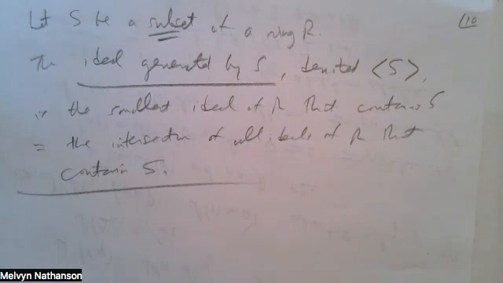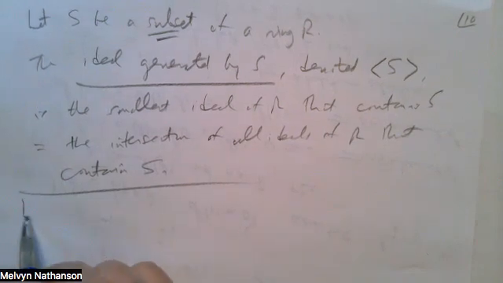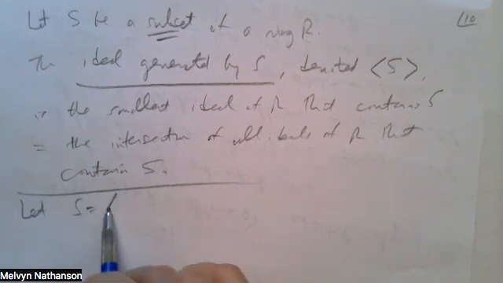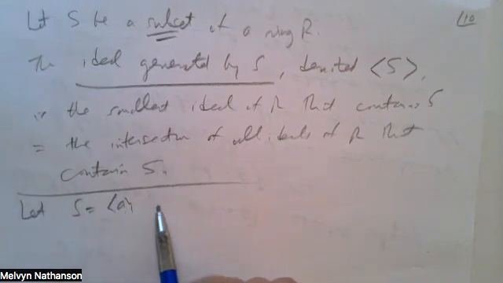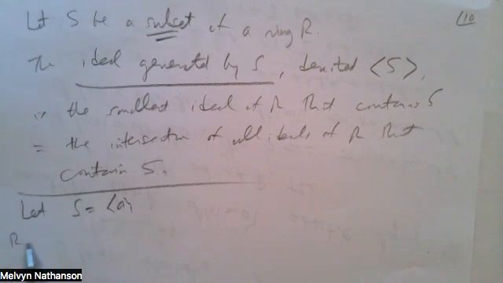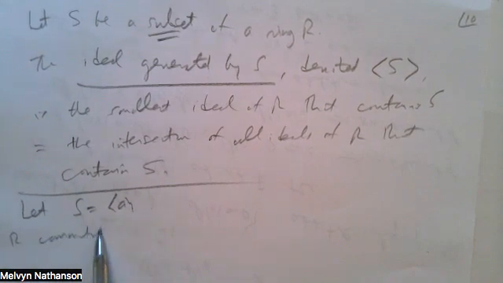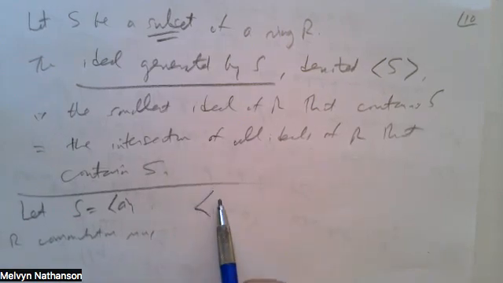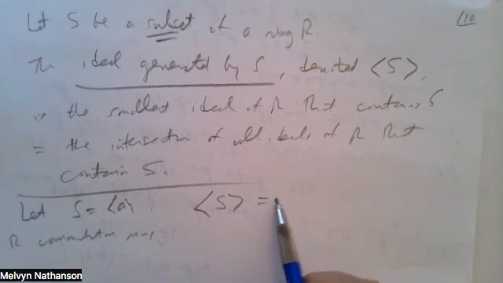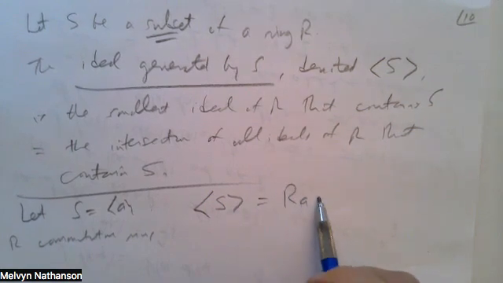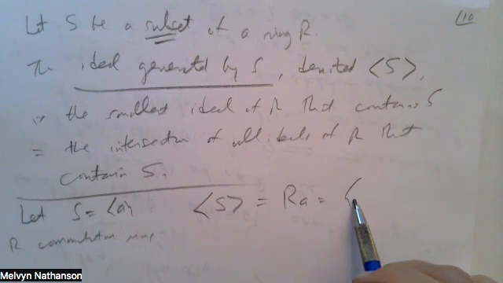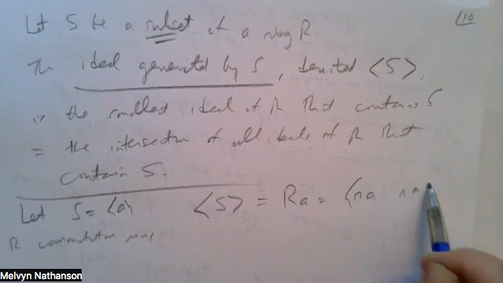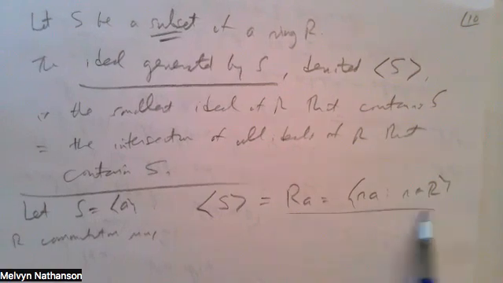And in the simplest case, suppose S consists of just one element, a. And let's suppose that R is a commutative ring. Then the ideal generated by S, I'm just going to write that as Ra, is the set of all elements of the form r times a, where r is an element of R. So I claim this is an ideal that contains a.